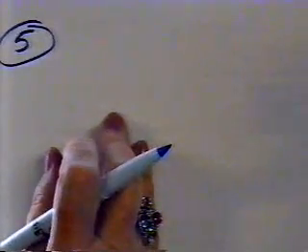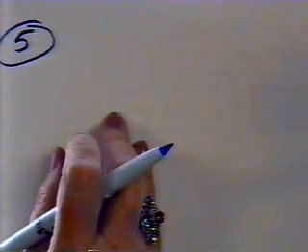Number 5. Number 5 says make 250 milliliters of a 1 to 500 solution. It's another solution problem, but the solution is not given as a percent, it's given as a ratio. So this time my solutions are going to be a ratio over a ratio. What do I want to make?